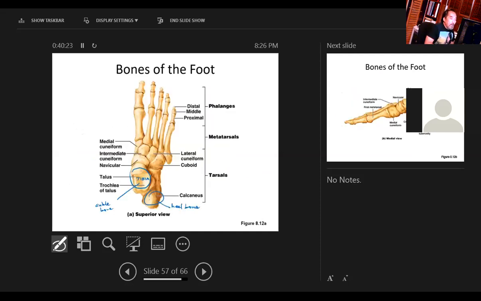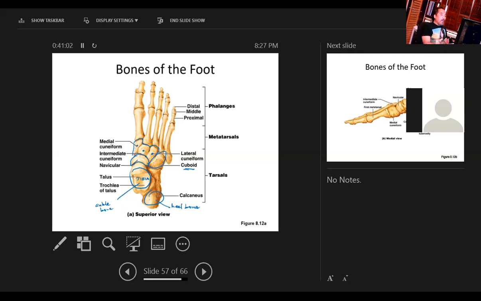So the navicular is only one, like a belly button, and after the navicular, the three are your cuneiforms. We've got three cuneiforms after the navicular. And then the last one, on the lateral side, is going to be called your cuboid.